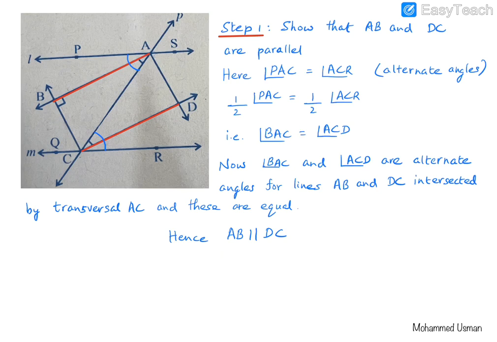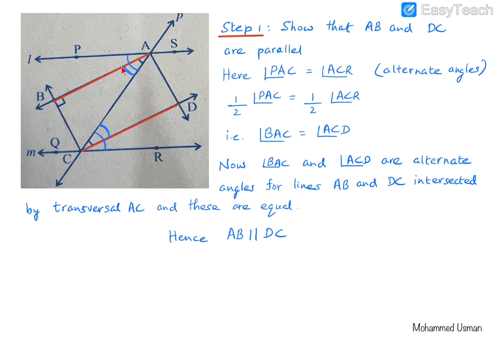Half of the angle PAC is nothing but this angle here, and half of the angle ACR is this angle over here. So these are also going to be equal because we are multiplying this equation by a common factor of half. So half of PAC is nothing but BAC.